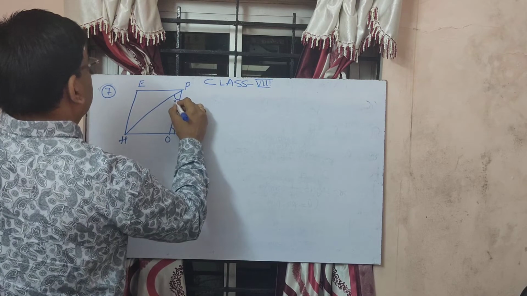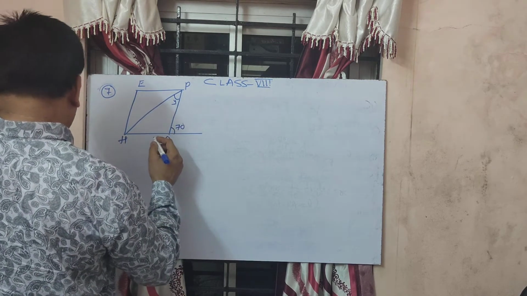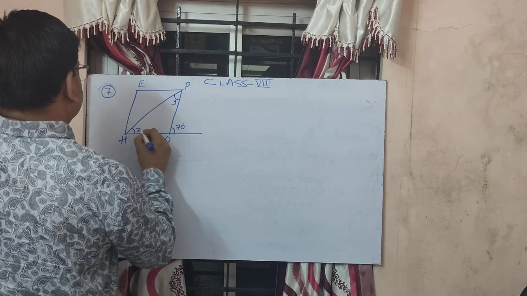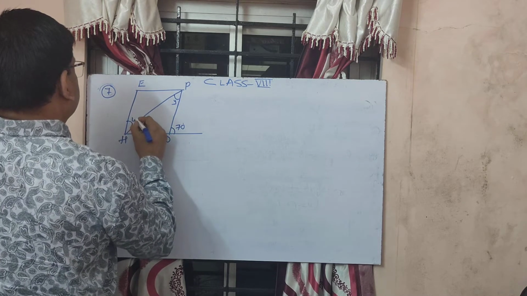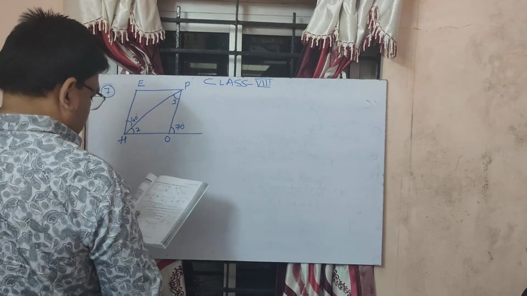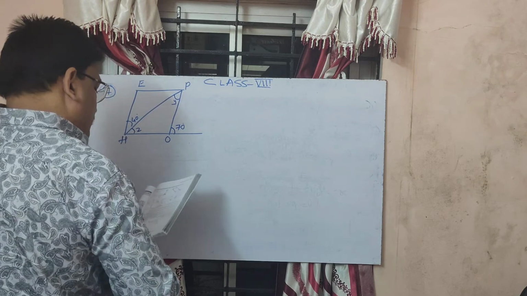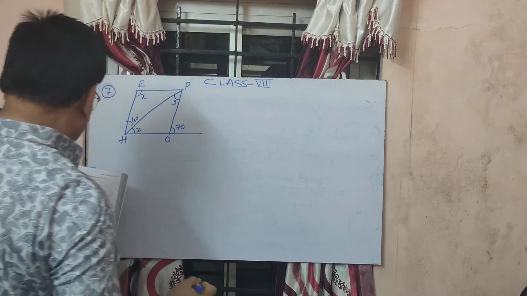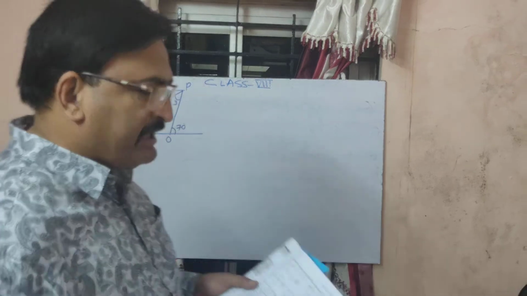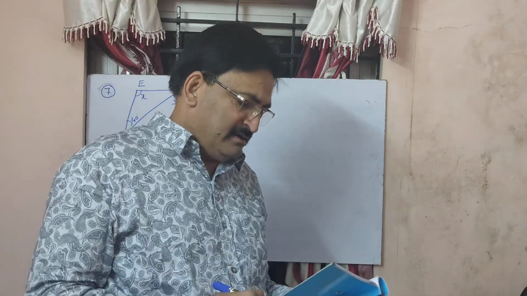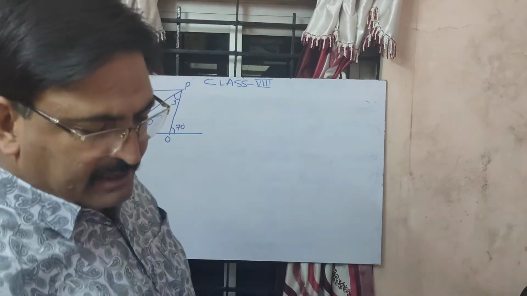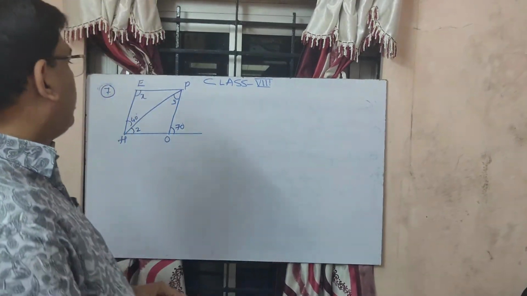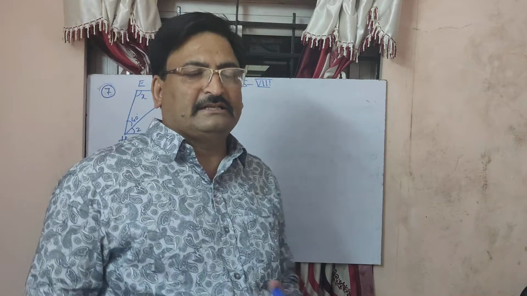This is Y. This is Z. And this is 40 degrees. And this is X. So what do you have to find here? You need to find X, Y, Z, and you have to explain which property you have used to find X, Y, Z.